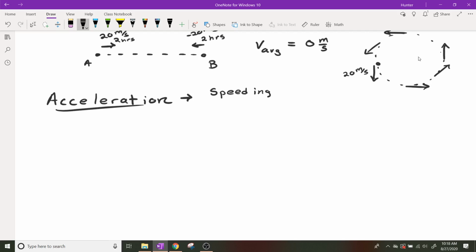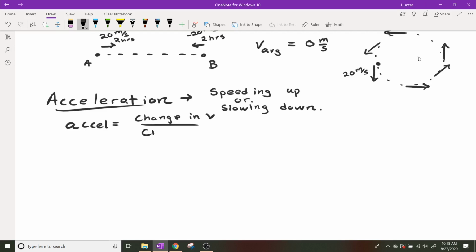Remember, I don't use the word deceleration. So if we talk about acceleration, it is speeding up or it is slowing down. And the basic way to calculate it is acceleration is equal to the change in velocity, change in v over the change in t.